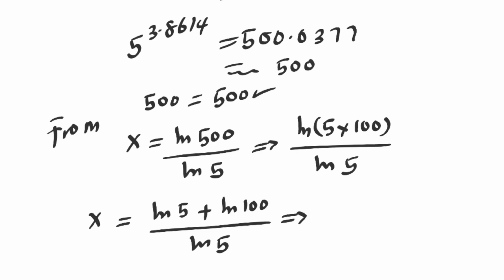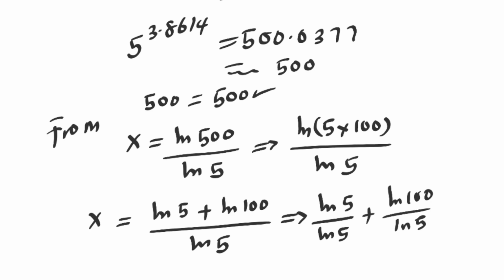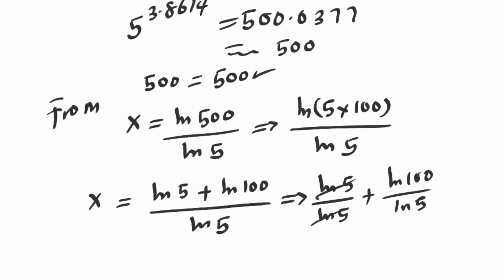And this is the same thing as ln of 5 over ln of 5 plus ln of 100 over ln of 5. This ln of 5 cancels this ln of 5.